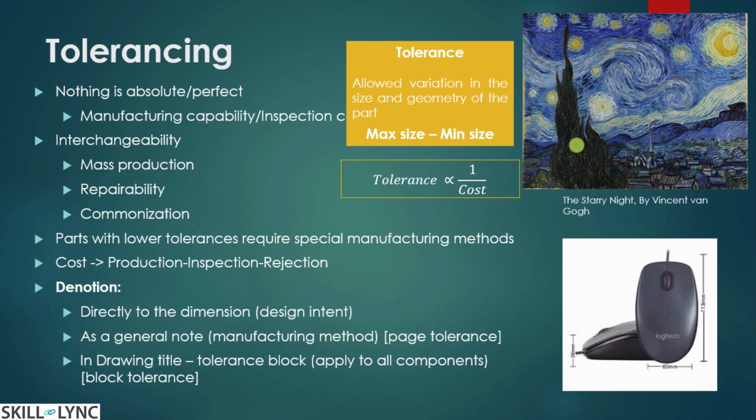It will apply to the entire drawing, so it's called a block tolerance. A typical drawing might consist of different pages, each page focusing on separate components, whereas if you apply it to the title block, it means you are applying it to the entire drawing, all the components, the entire subsection, assembly, everything.